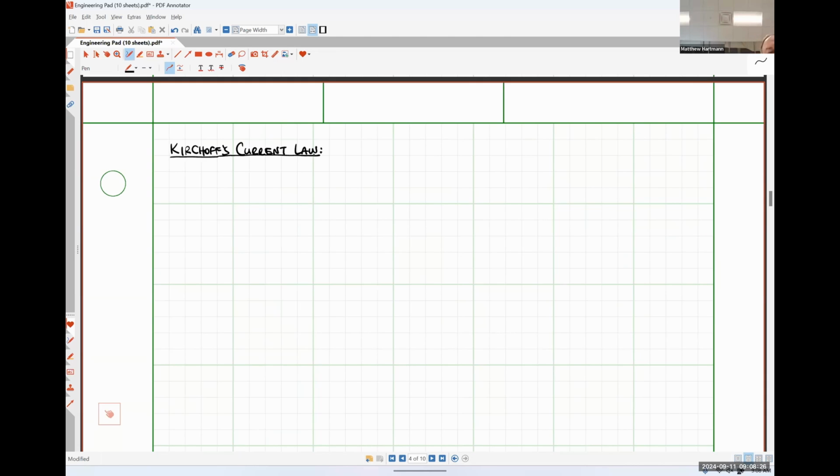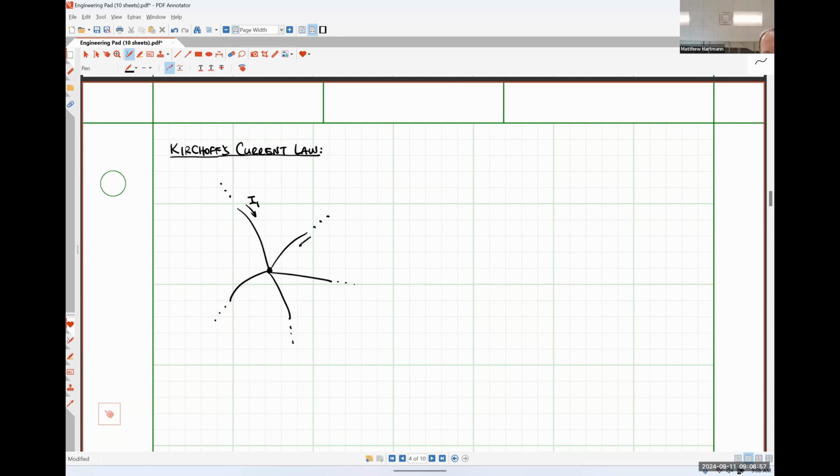Okay? So let's say that I have several wires that are part of a larger circuit, and they terminate at some common node here in the middle. Okay. And I'm going to say that this wire up here is carrying a current I1, which is defined as flowing into the node.